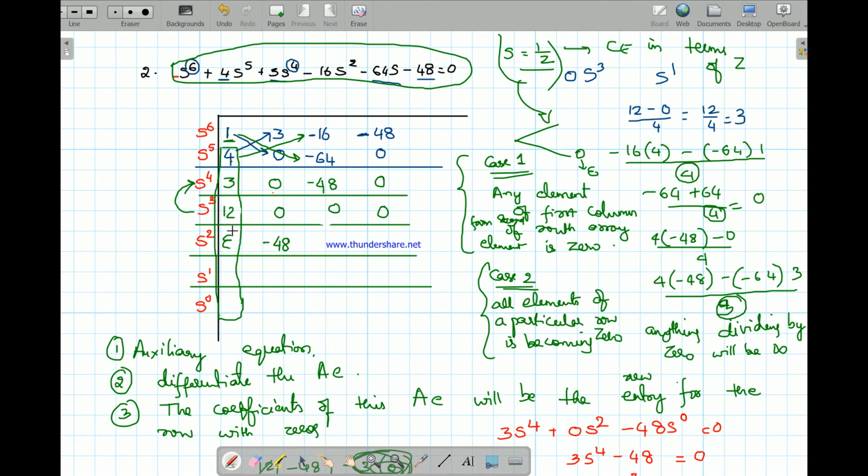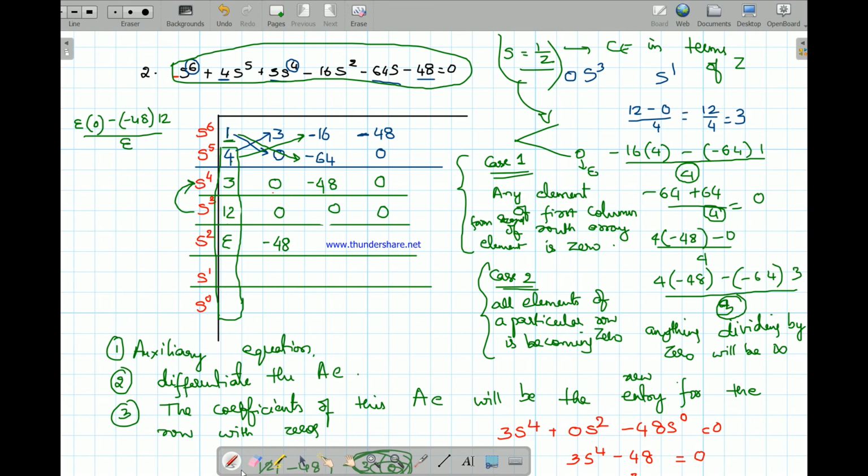Okay, now if I keep 0 as epsilon, what would be the next two elements? That is what our intention is. So epsilon into 0 minus of minus 48 into 12, divided by epsilon. So this becomes 48 into 12, and 12 into 48 is 576.